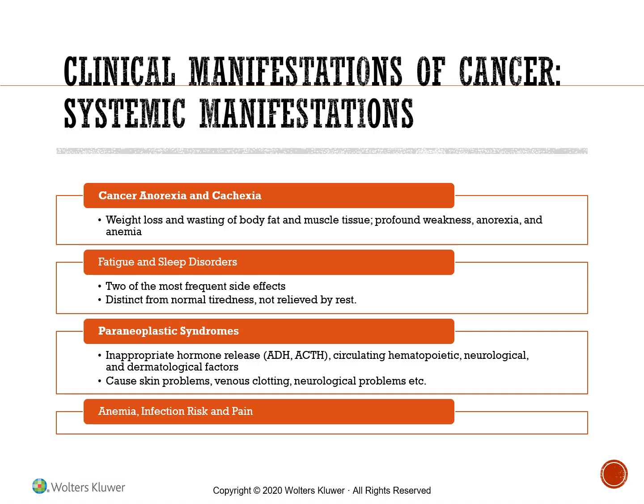So anorexia, which is again reduced food intake, and abnormalities of taste are really common in people with cancer. And they're often accentuated or exacerbated or made worse by the treatment methods we use. So things like chemotherapy, radiation make those things worse. And so we would anticipate a certain amount of weight loss and things based on the anorexia.